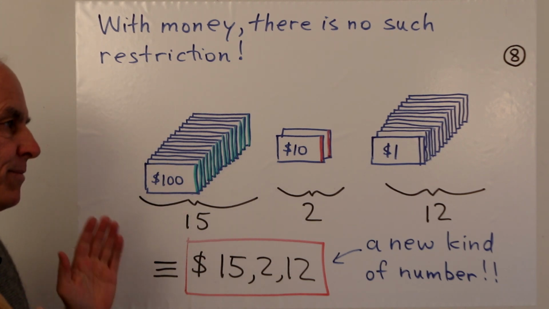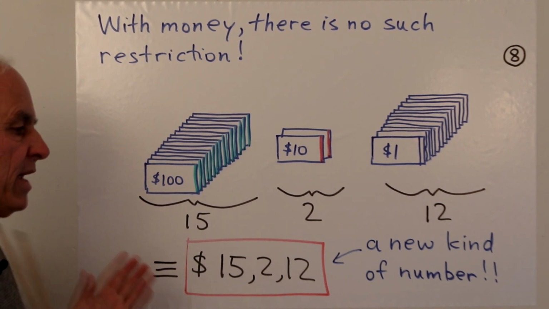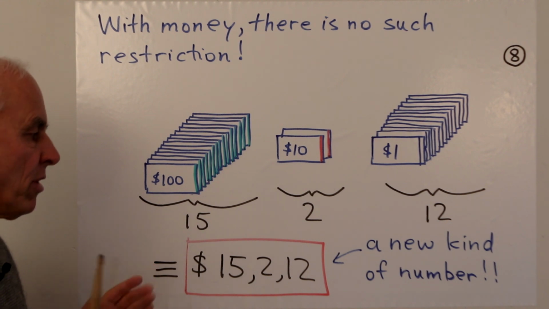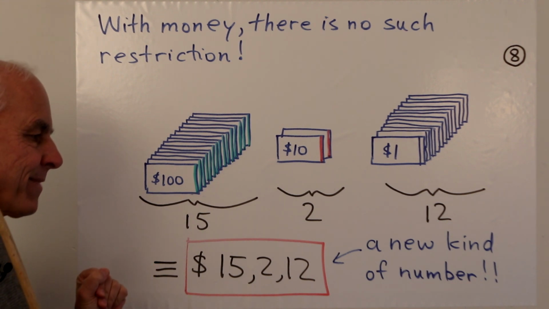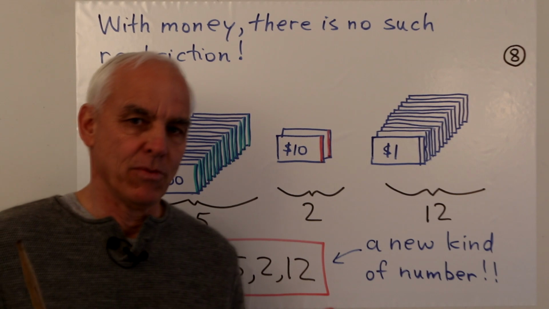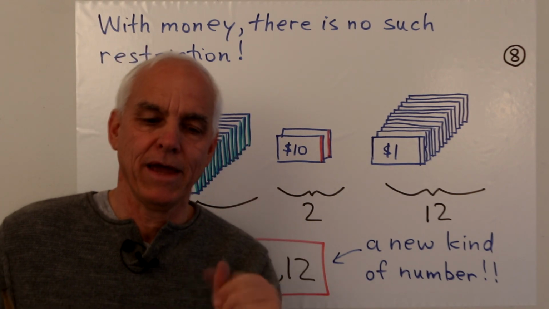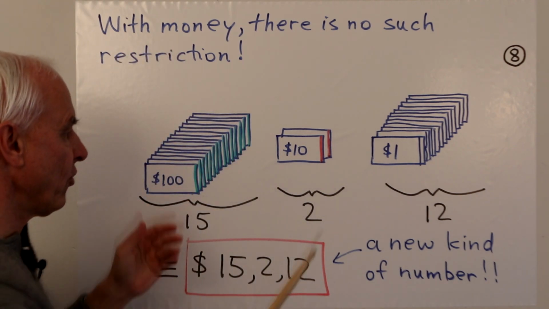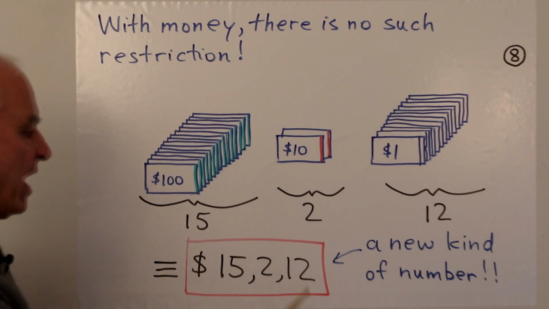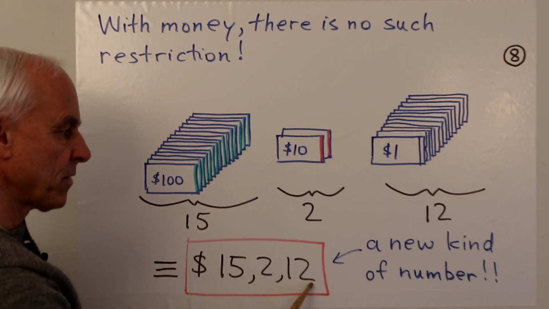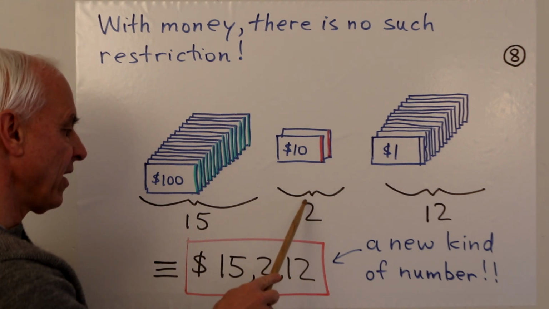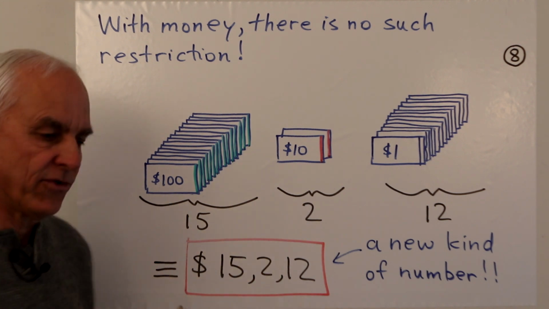Well, we can do the same kind of thing that we do with the Hindu-Arabic numeral, but we can be more flexible. We can be more open, okay? We can represent this directly with what we see. We have 12 ones. We have 2 tens. We have 15 hundreds.